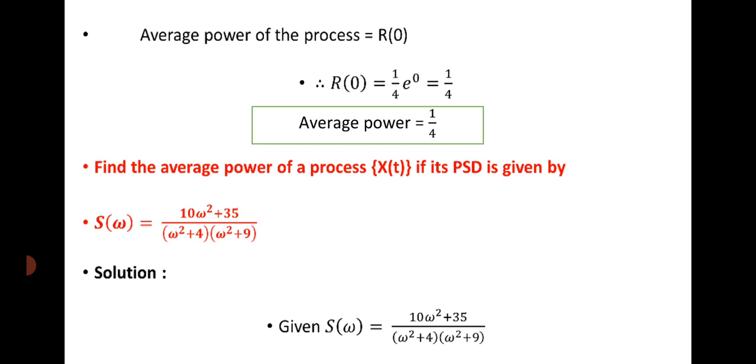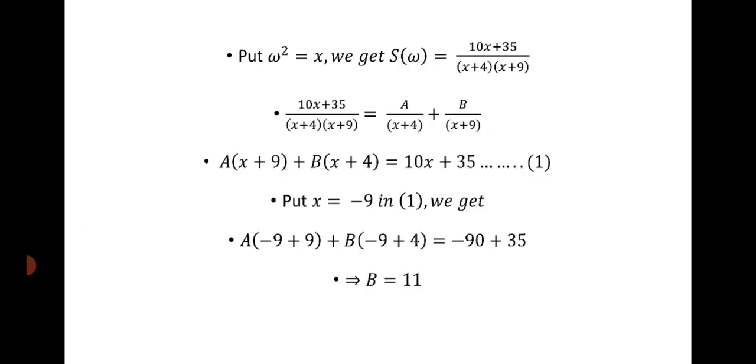First of all, we have to simplify by using partial fraction. Therefore, here put omega square equal to x. Therefore, we get S of omega equal to 10x plus 35 divided by x plus 4 into x plus 9.